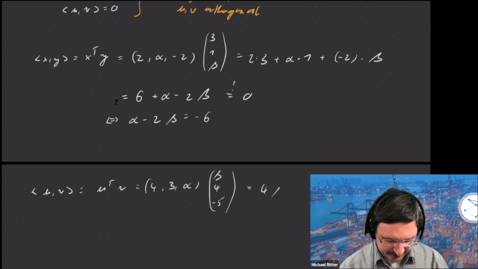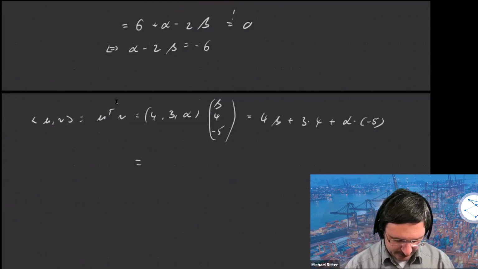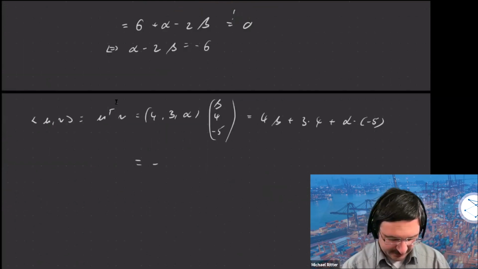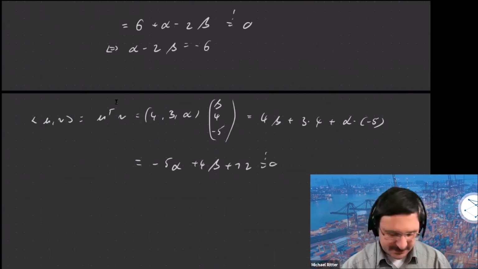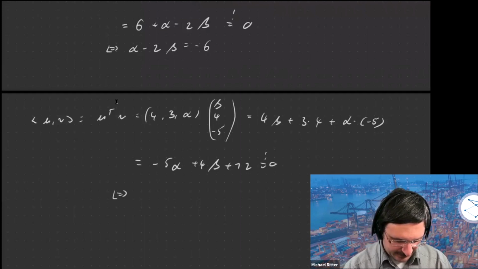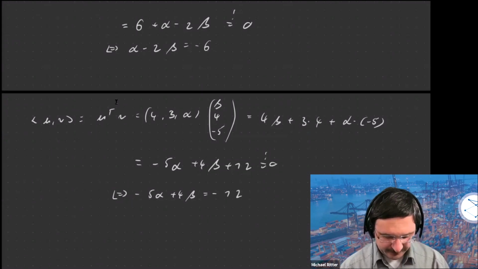So we get 4 beta plus 3 times 4 plus alpha times minus 5. So altogether, this would be minus 5 alpha plus 4 beta plus 12. And then this is 0 if and only if minus 5 alpha plus 4 beta equals minus 12.